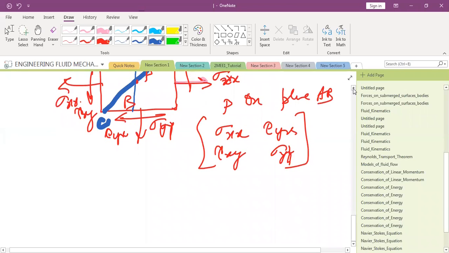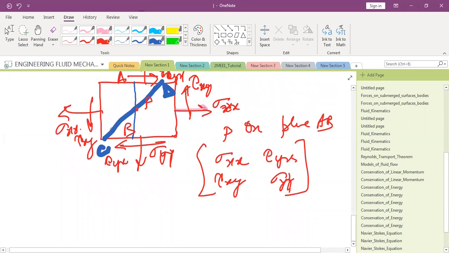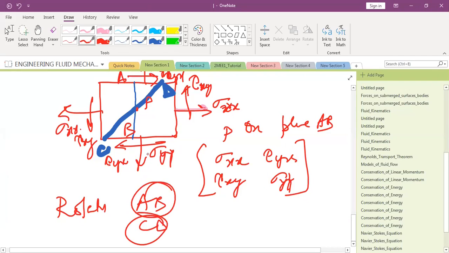Can you relate the rotation of axis with the planes AB and CD? What can you think of CD as?